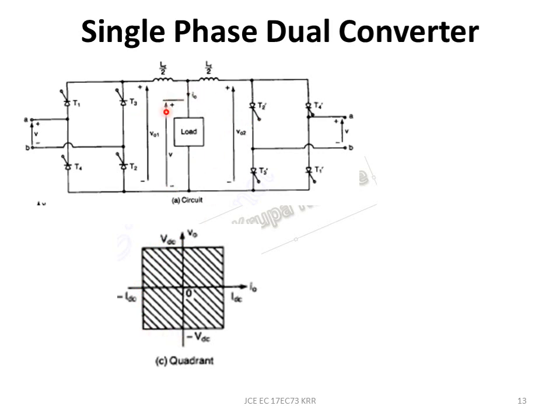So where is this useful? Suppose I am using this dual converter in a battery driven car, or electric vehicles, and I want to run the motor, or the car, in the forward direction. At that time I'll turn this off and only this particular converter is used, so the car is moving in the forward direction.